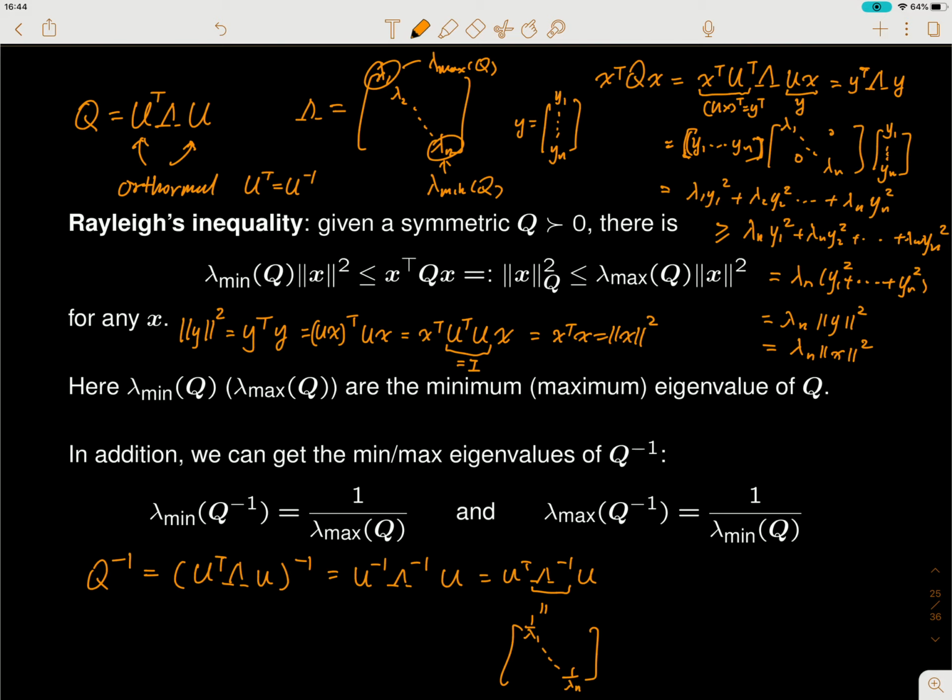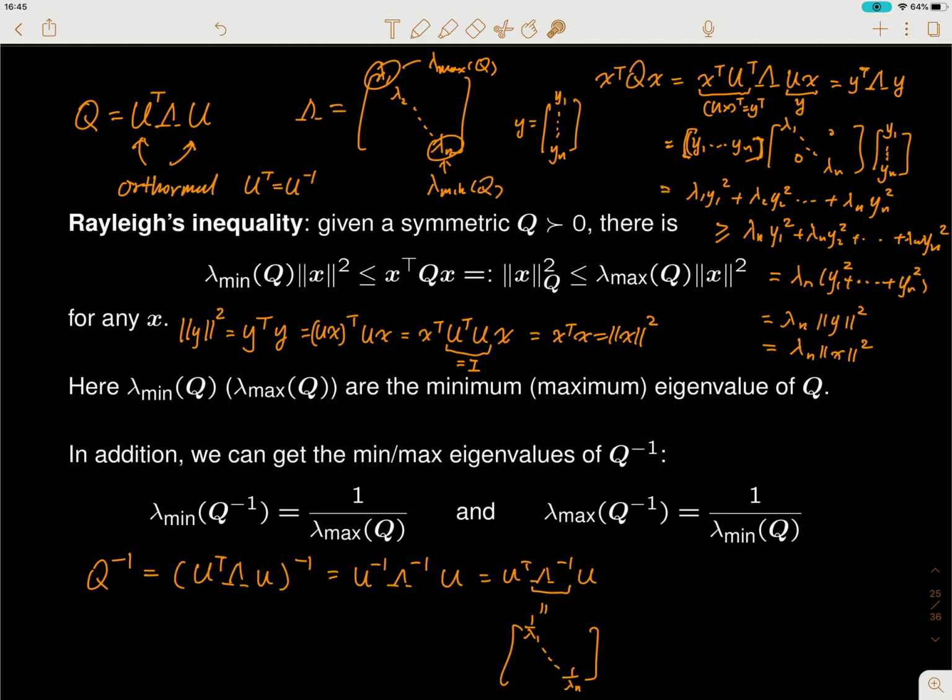But the only thing changed here is that lambda 1 used to be the largest one, so 1 over lambda 1 becomes the smallest one. So right now the diagonal entries are sorted in ascending order. This is the smallest one, this is the largest one. But anyway, it's still an eigenvalue decomposition.